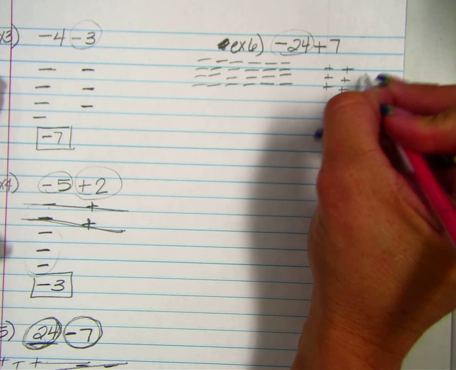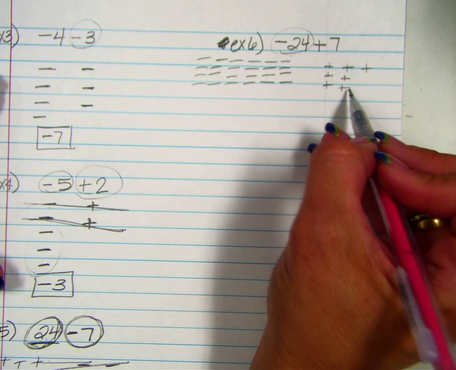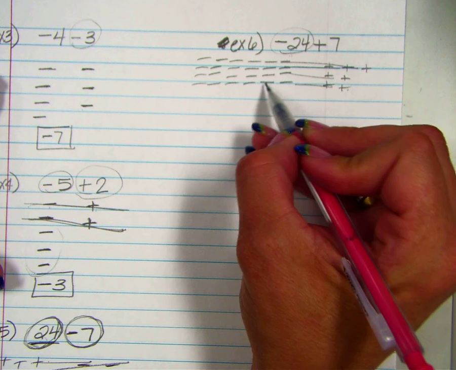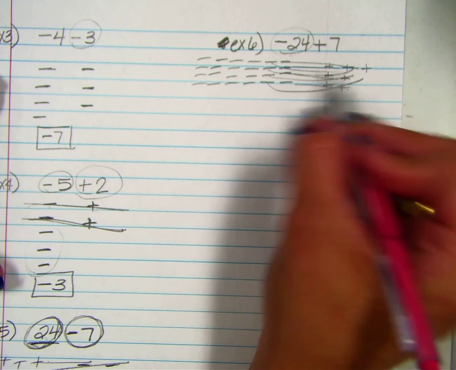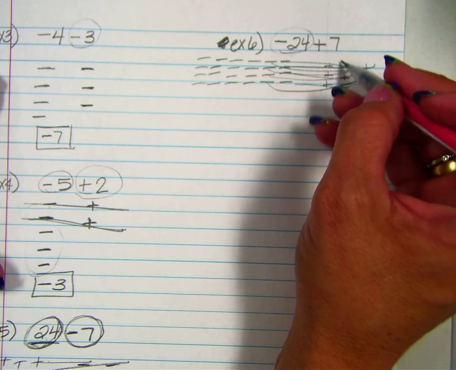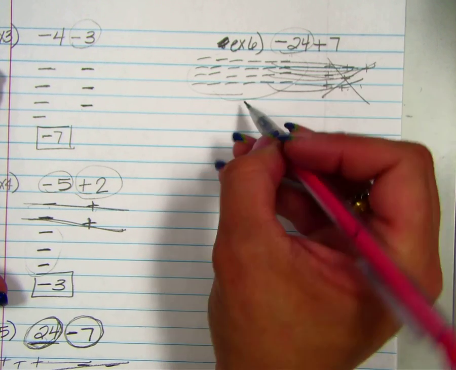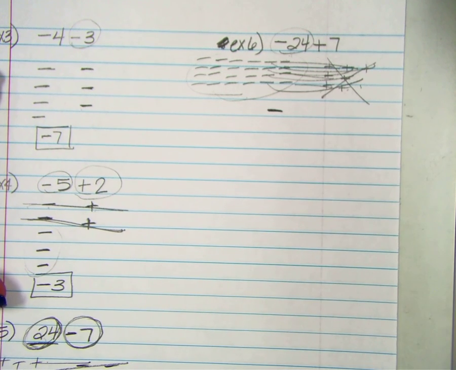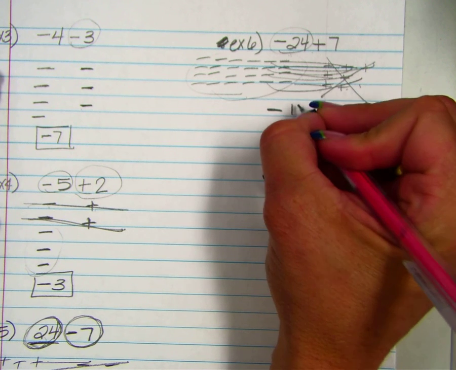There are more of these negatives than this positive. So when we make the 0 pairs, we end up getting rid of all of our positives and ending up with negatives. So our answer must be a negative answer. So now you just have to subtract. 24 minus 7 is 17, and our answer ends up being negative 17.